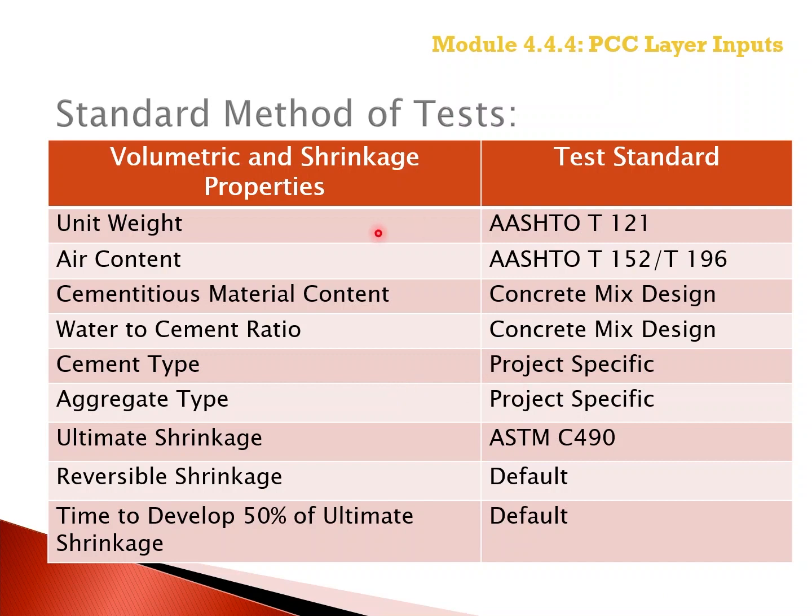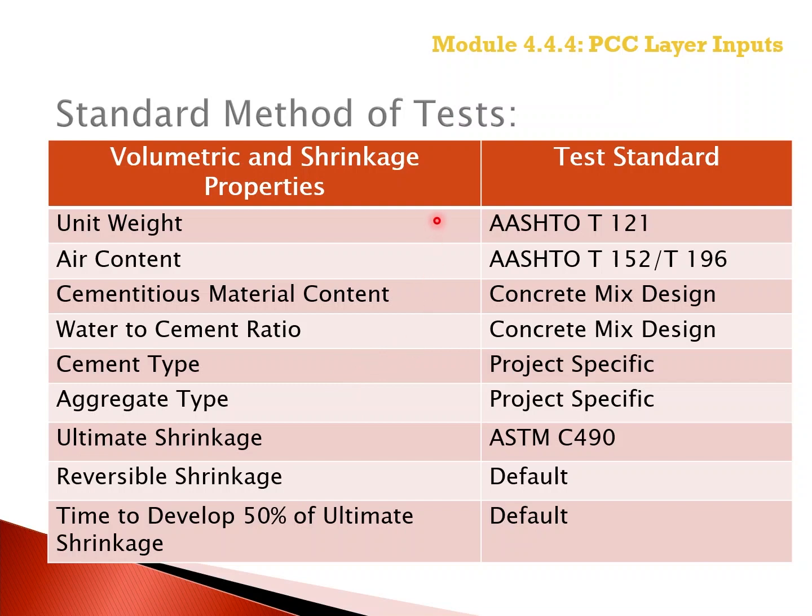The volumetric and shrinkage properties are listed on this slide for the concrete mixture. The test procedures where the PCC layer input variables are determined are listed on the slide and in Table 10-4 in the MEPDG Manual of Practice.